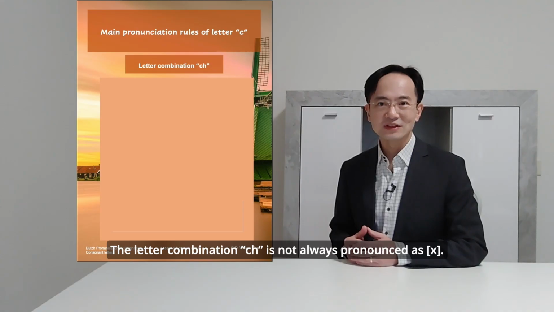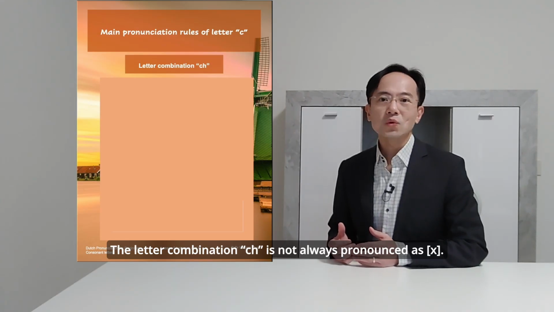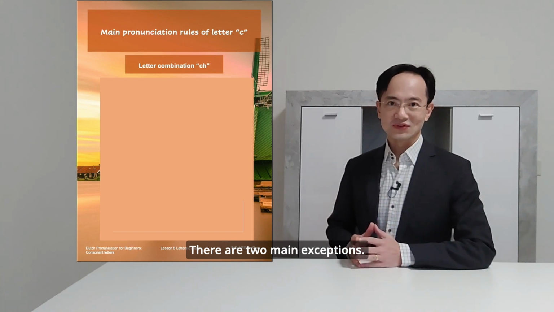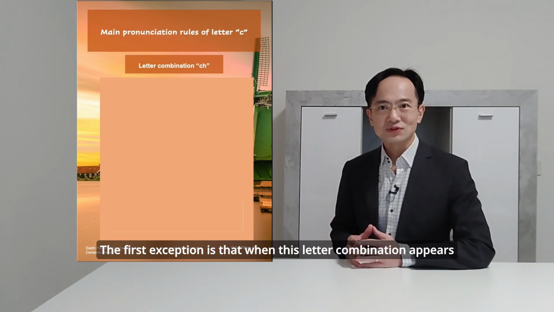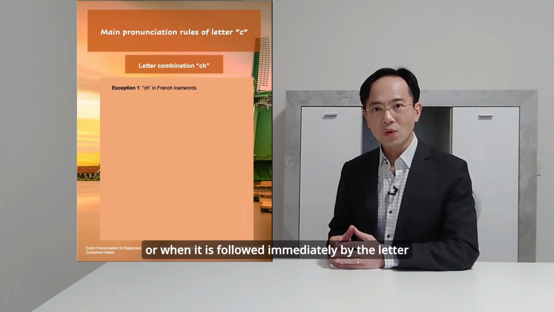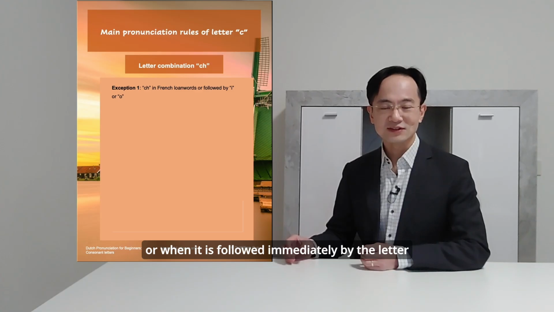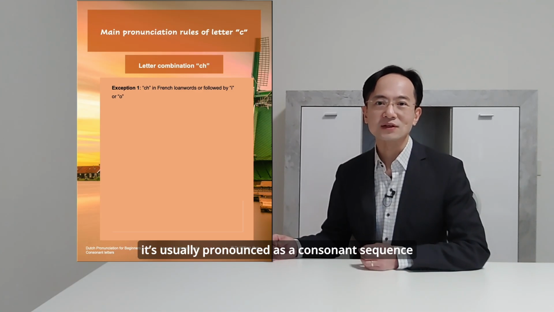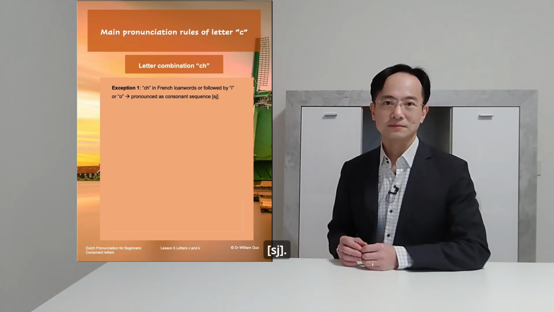The letter combination CH is not always pronounced as ch, there are two main exceptions. The first exception is that when this letter combination appears in French loanwords, or when it's followed immediately by the letter E or O, it's usually pronounced as a consonant sequence sh.